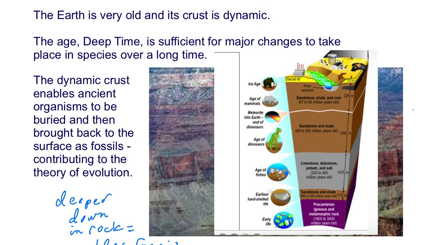So what happens is the deeper we dig, the more back in time we go. The deeper we dig into the soil, into the layers of the Earth's crust, the older the fossils will be. Okay, so we can get an idea in sedimentary rock at least.